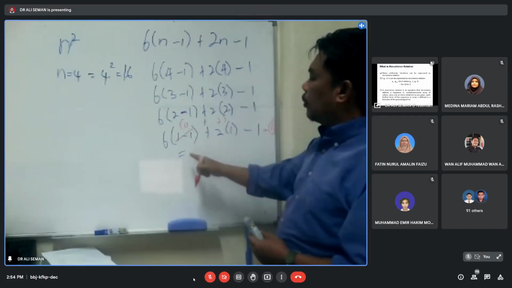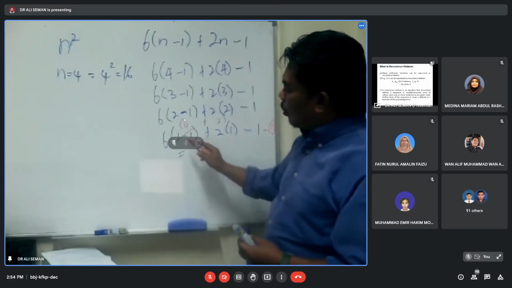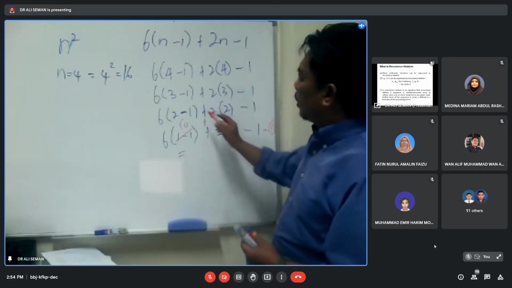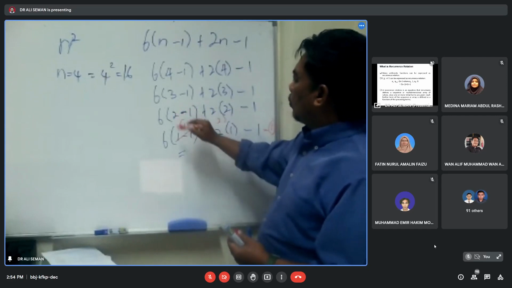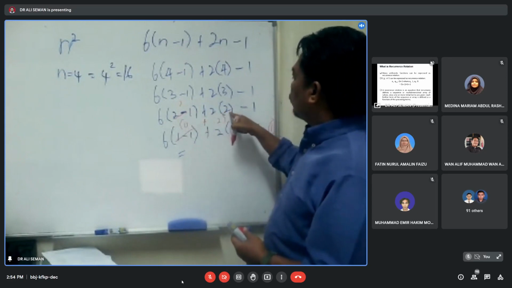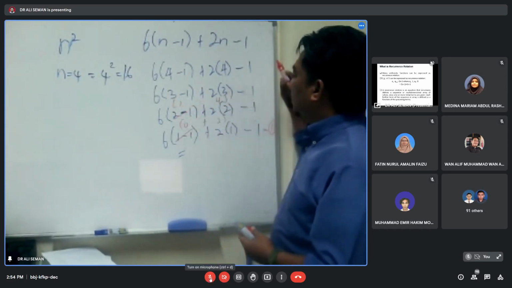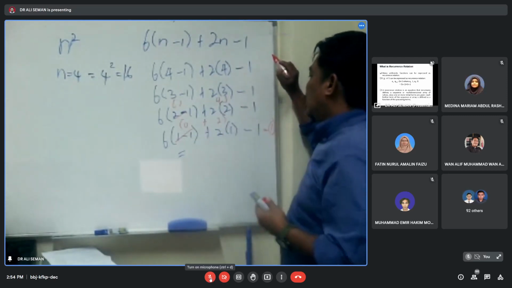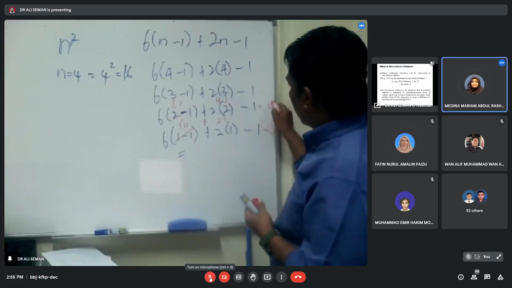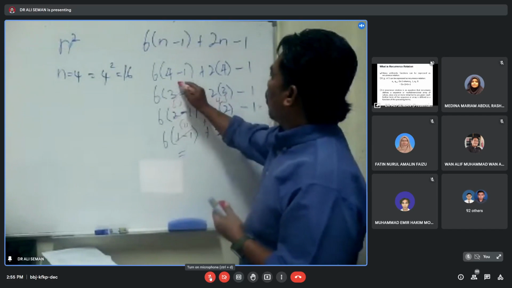This is the answer for a(1). Here a(1) is 1, because this returns 1. 2 times 2 is 4, and 1 plus 4 is 5. 5 minus 1 is 4. Correct? And this returns 4 for a(2).